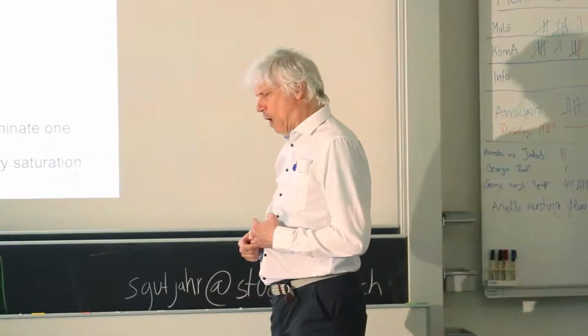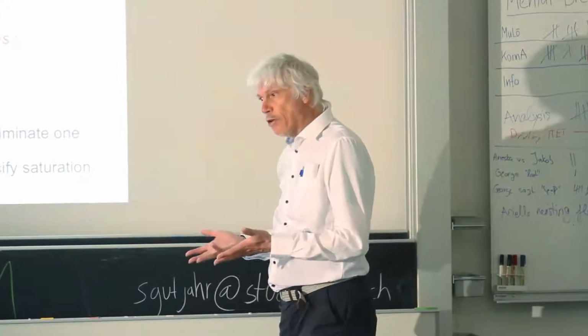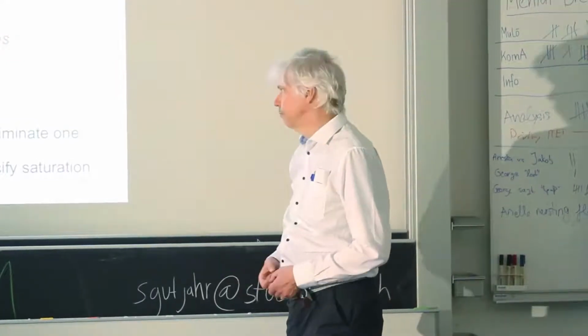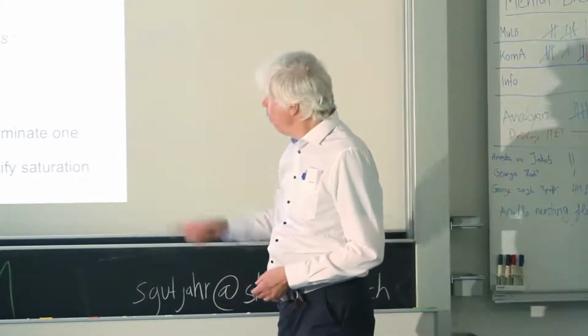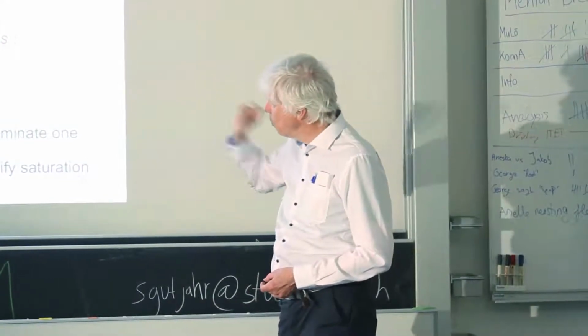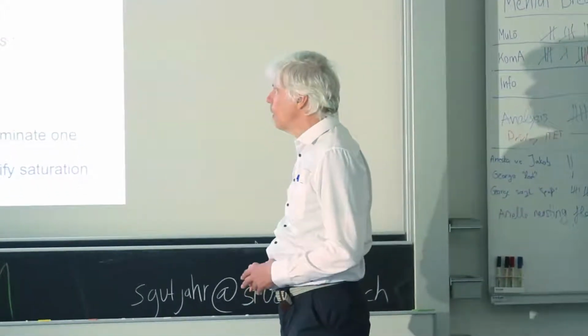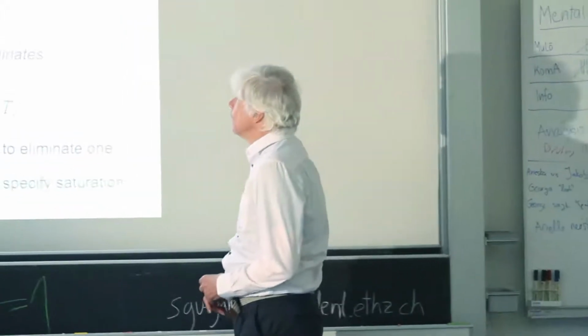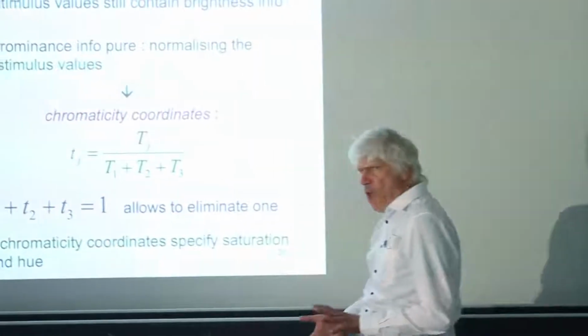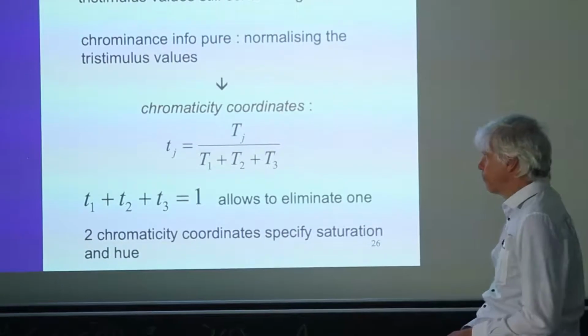If I multiply all my T's with the same number, I keep the same color, but just brighter or darker. That number will now cancel out, because the same number would appear in the numerator and the denominator. So it's like throwing out the brightness information, only keeping the color information.